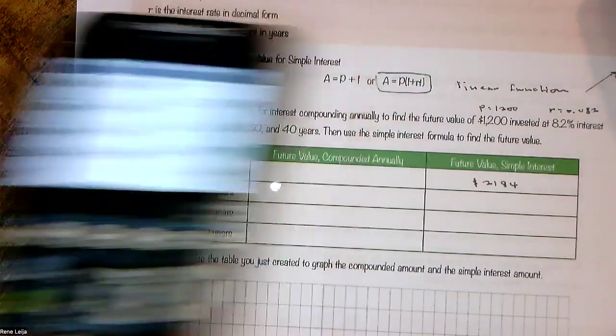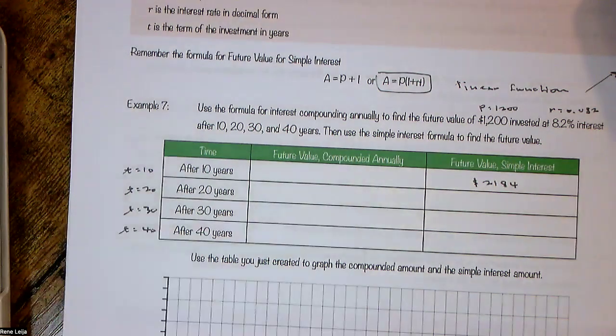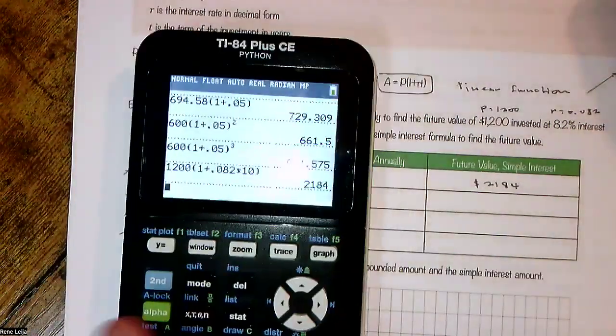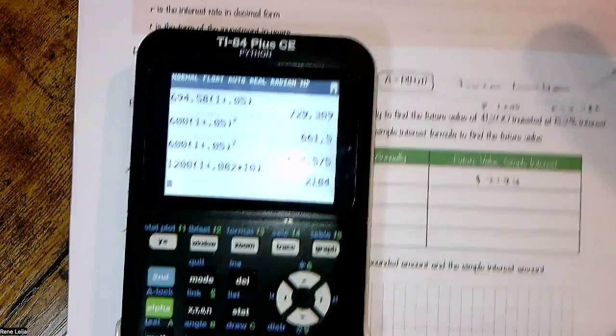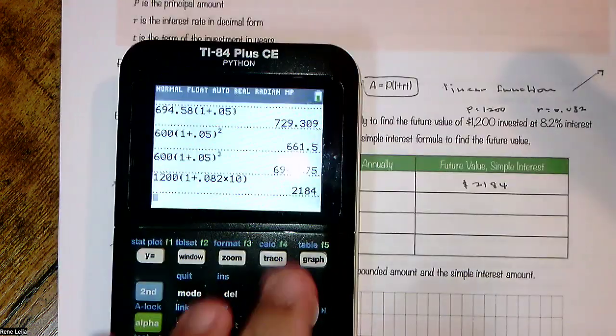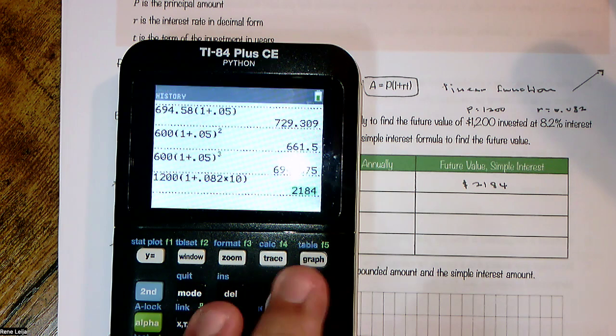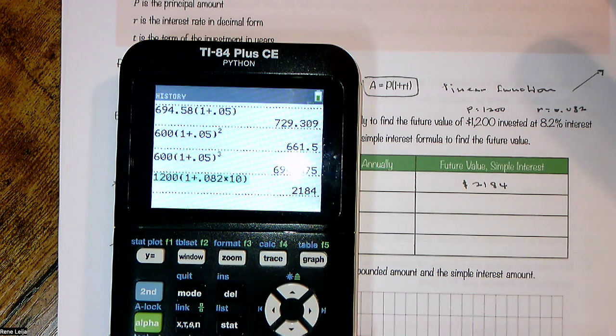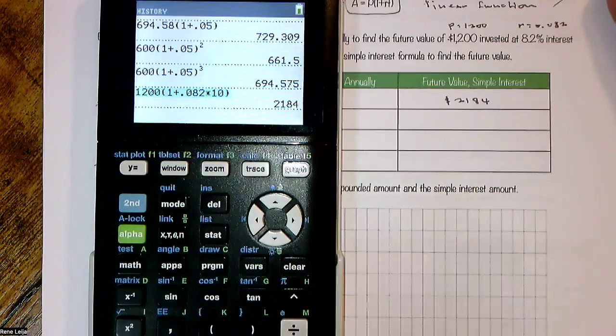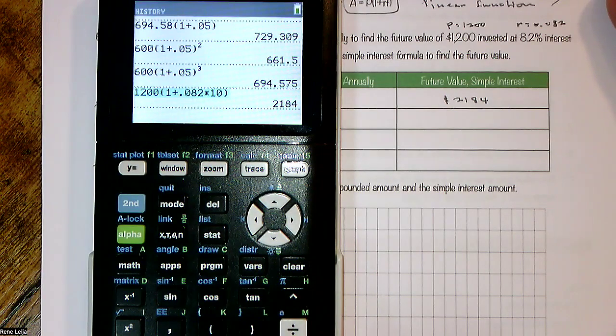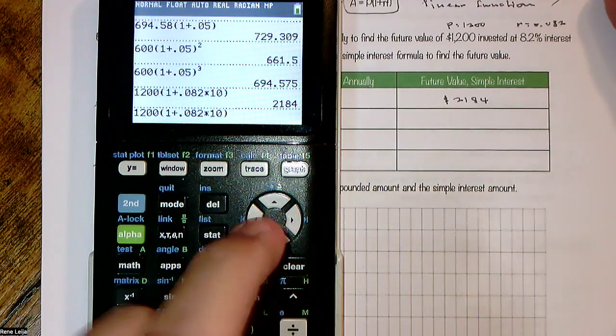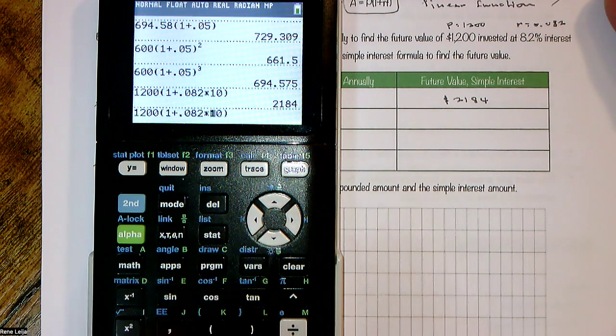Now, let's calculate this at 20. Okay, well, look, guys, we're going to work smarter, not harder. I'm not going to enter that stuff back in again. I'm going to arrow up till this is the calculation I want, hit enter, and then arrow over and change the 10 to a 20.